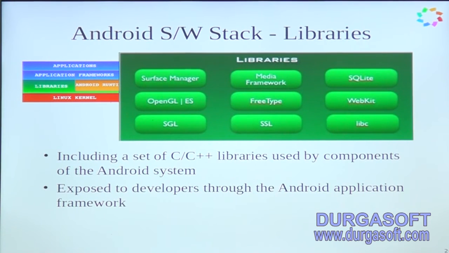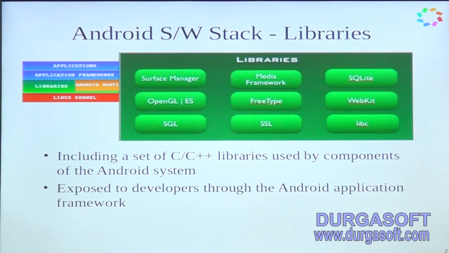For example, OpenGL is used for gaming application development, where you need open graphics layouts in order to make a game ready, which is very different from normal application development in Android. A set of C++ libraries is also used in components.